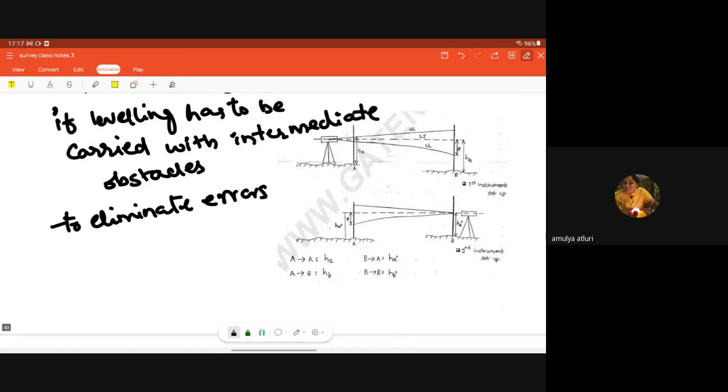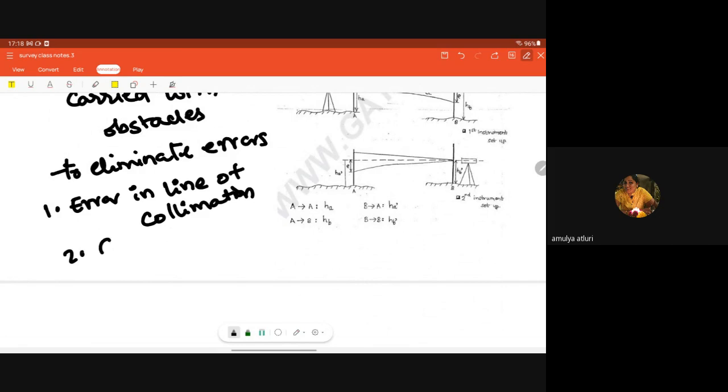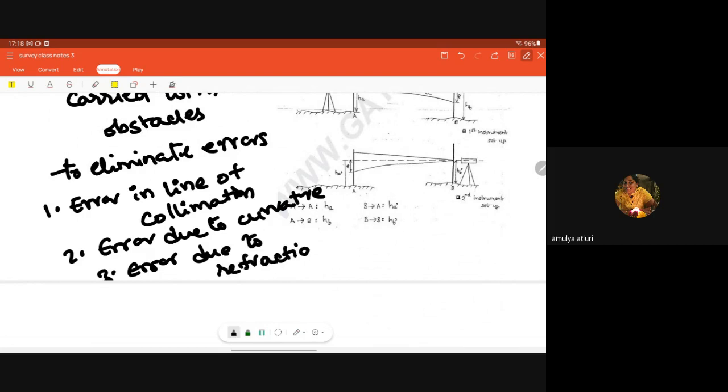One, error in line of collimation, error due to curvature, and error due to refraction. Error due to refraction can be partly eliminated.